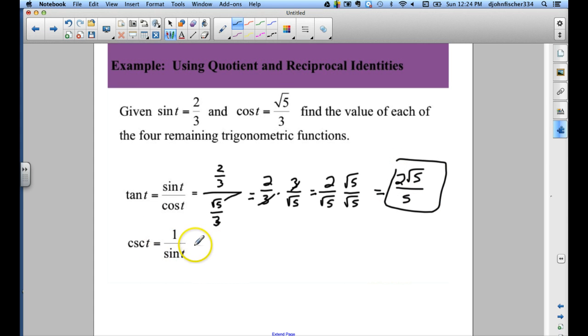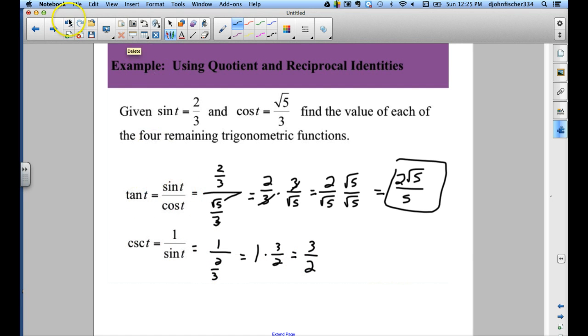Now cosecant is 1 over sine, so 1 over 2/3. Flip and multiply: 1 times 3 over 2, which is 3 over 2. Now notice that the cosecant is greater than 1. That's okay. The rule says sine and cosine have to be between 1 and -1.